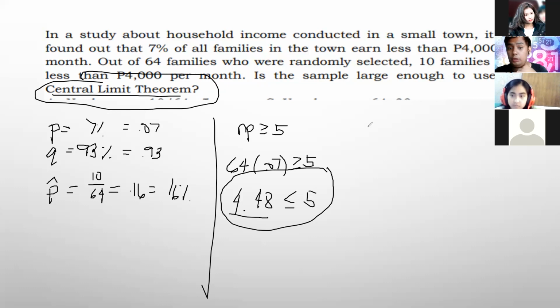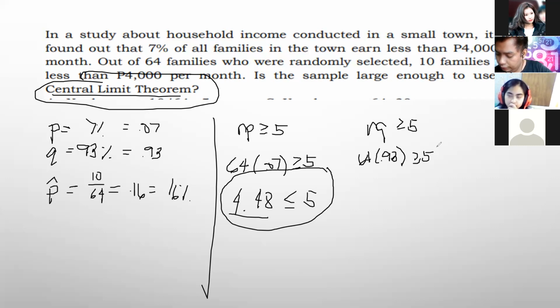Though, kapag kinompute naman natin yung NQ, compute nga natin yung NQ. So that is 64 times 0.93, which is 59.52, greater than or equal to 5.